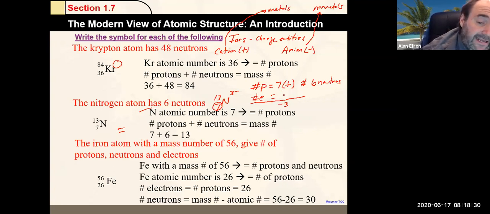So in order to get to -3, we actually need 10 electrons. 10 negatives plus 7 positives leaves us an overall -3 charge, and that is where the actual charge comes from. So in this case, the nitrogen, which is the nitride ion, is an anion. Nitrogen is a nonmetal, and it has a -3 charge. Again, the number of electrons changes, and that's really what happens here.